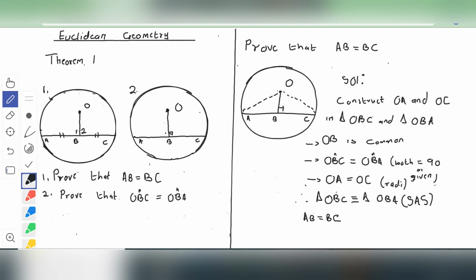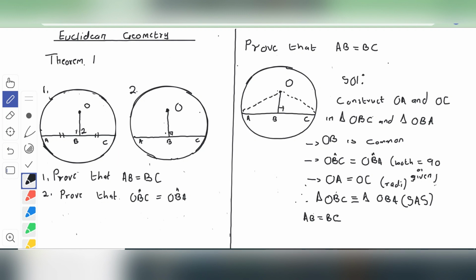If we check from the first diagram, we can see that AB is equals to BC, meaning from what we wrote there for angle OPC is equals to angle OPA, both equal to 90 degrees, or given, we're going to replace it with AB is equals to BC. The reason is given, right?